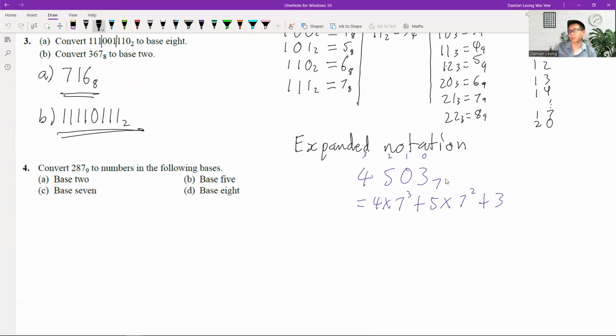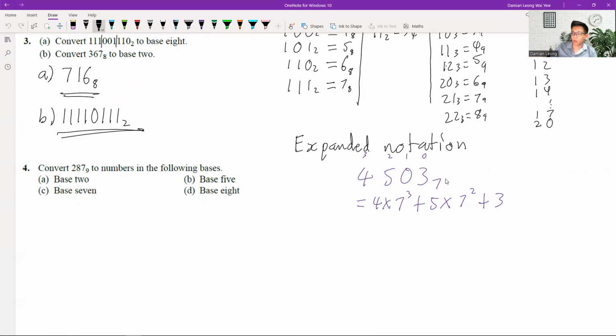Don't have to write times your base number to the power 0. Okay, writing it out is not wrong, but there are times where they give you the expanded notation, and if you want to convert it back to numbers, you need to know that this is the same as times whatever base to the power 0.